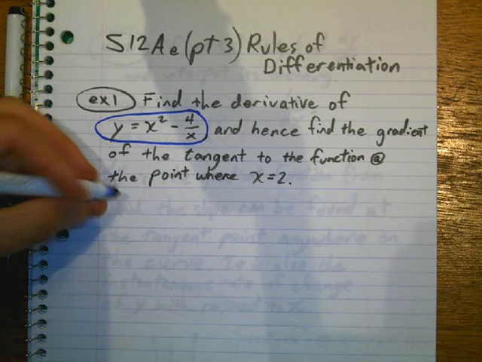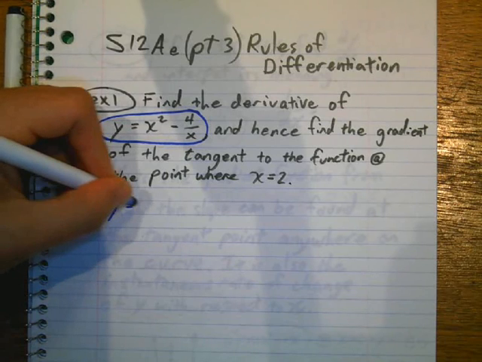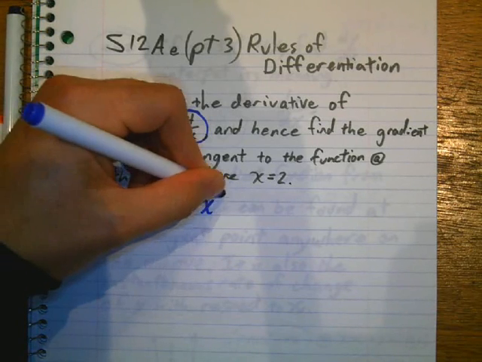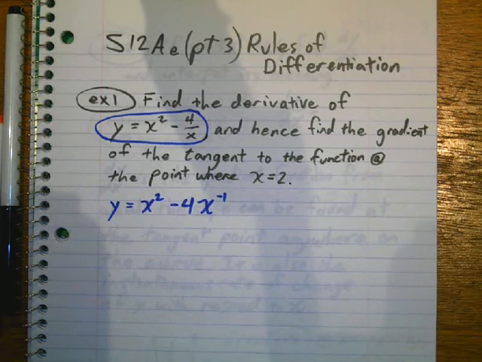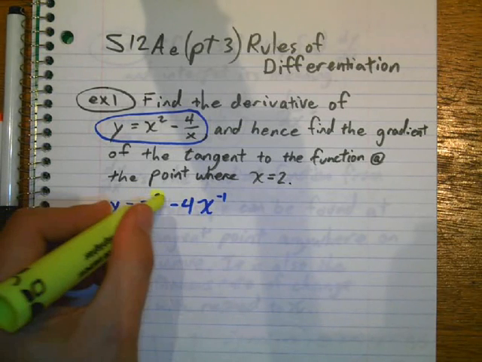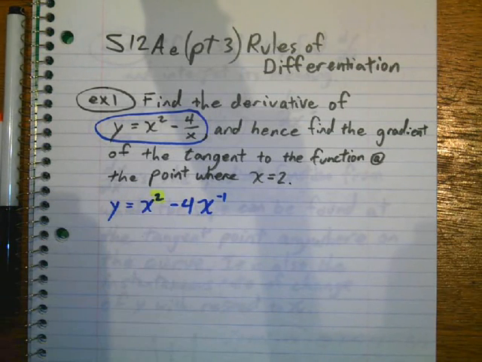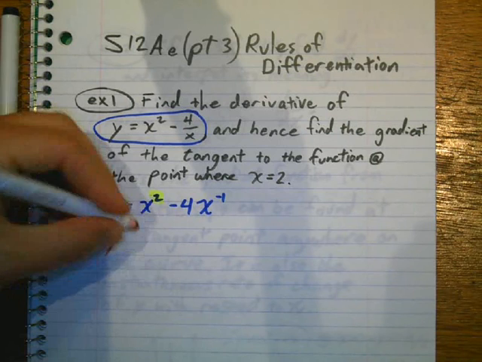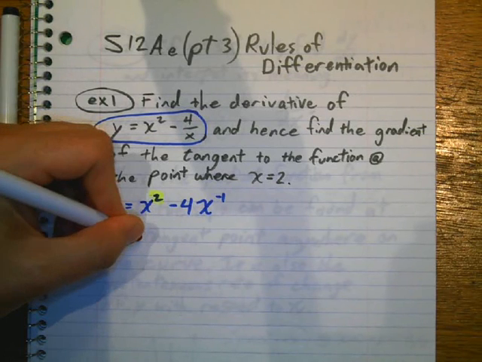So I'm going to call this y equals x squared minus 4 times x to the negative 1. Now if I apply the rules of differentiation, this power comes to the front and decreases by 1. So my derivative, which I'll call y prime, is equal to 2x.